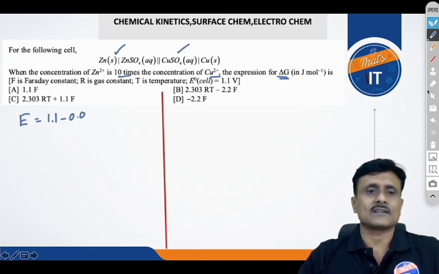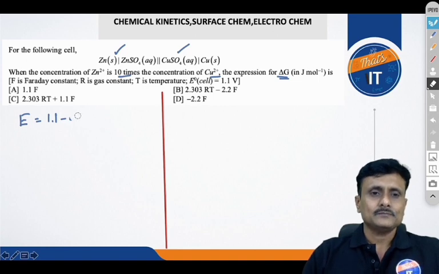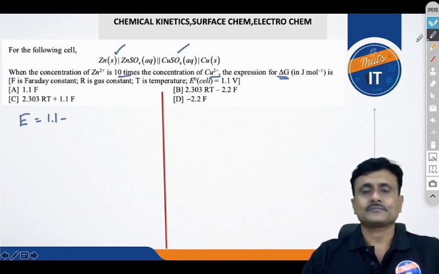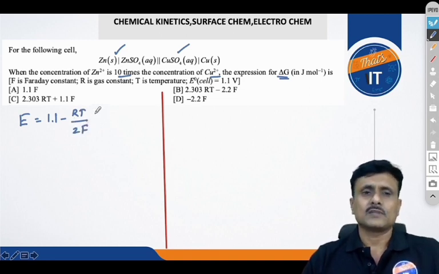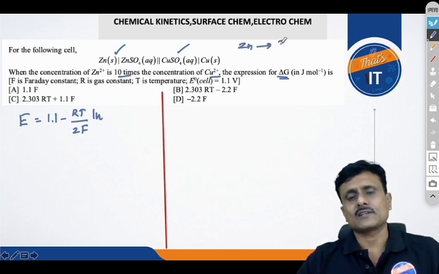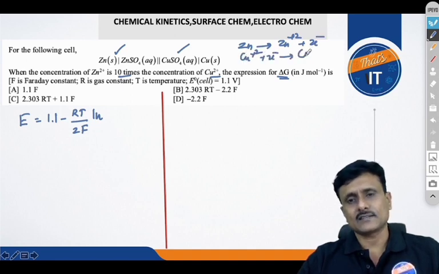Rather you should write it as RT by, because you have to express that in terms of RT. And it is 2F because the number of electrons involved is 2. Natural logarithm of concentration of, as you write the cell reaction, you know that zinc gets oxidized and copper gets reduced, the Daniell cell, isn't it?